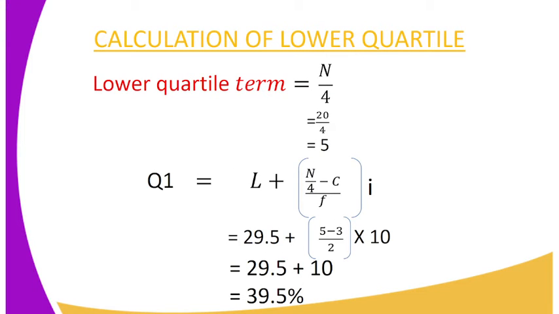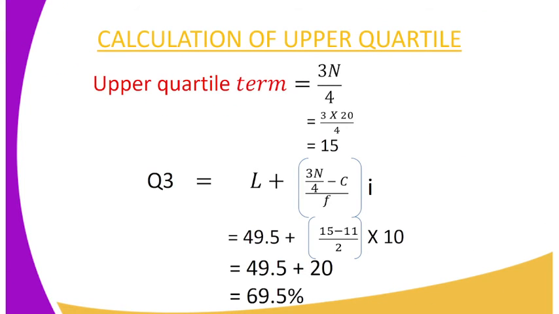You take that 10, you add to the lower class limit of the median term, which is 29.5, and you get 39.5. As far as the upper quartile is concerned, I'm going to introduce another formula, that is 3/4 N, the upper quartile term, and you repeat the same procedure as we have done with the lower quartile. In this case you will get 3 divided by 4 times 20, you will end up getting 15.